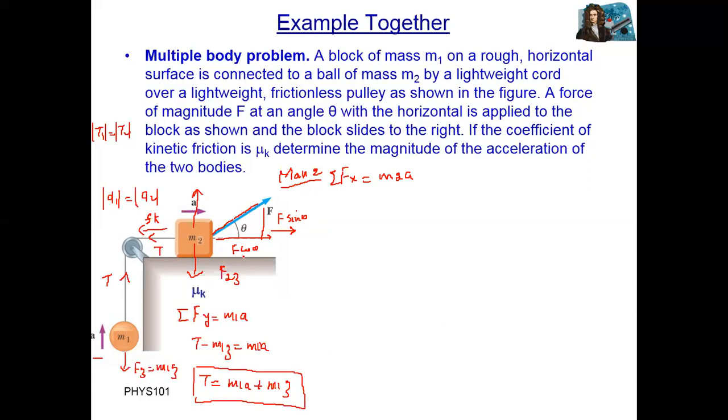If we consider this direction positive, we have F cos theta minus the tension force and also the kinetic friction Fk is equal to m2a along the x-axis.